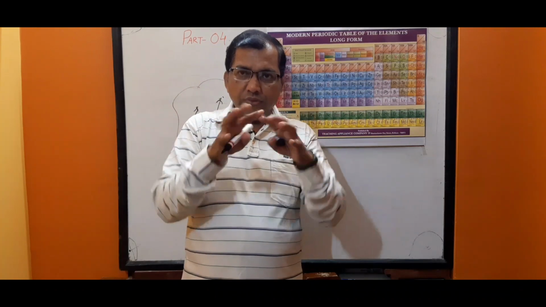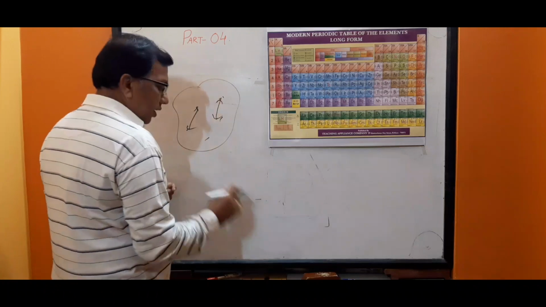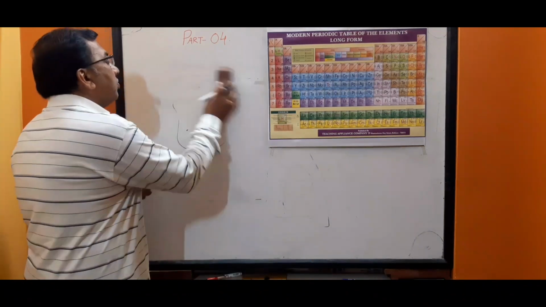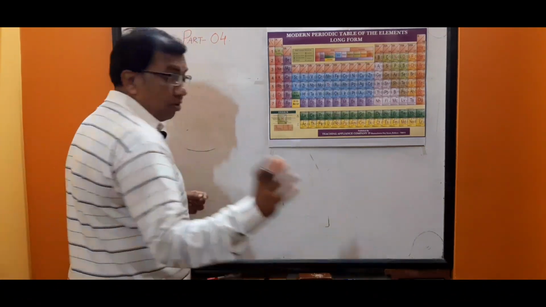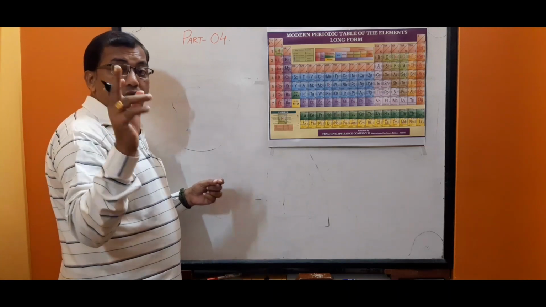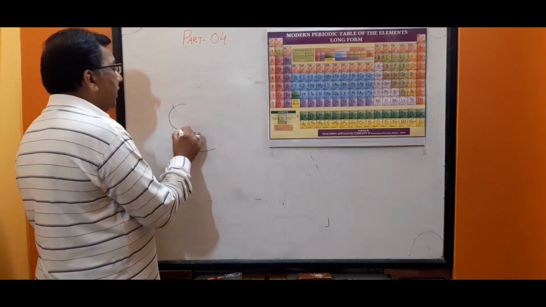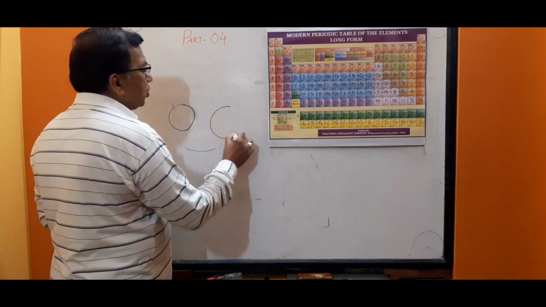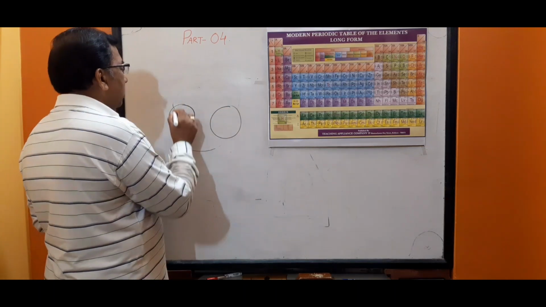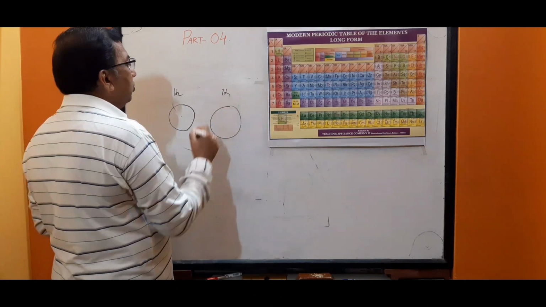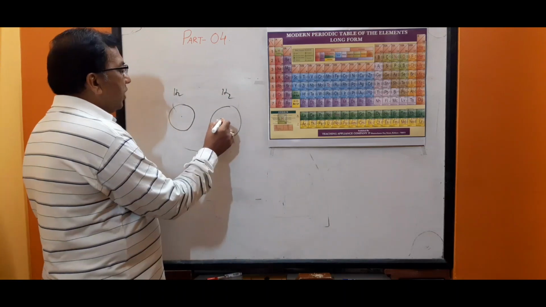It is the distance between the adjacent atoms of the same element. In van der Waals, no bond is formed; the two atoms try to come as close as they can to each other without touching. This is H2, this is H2.